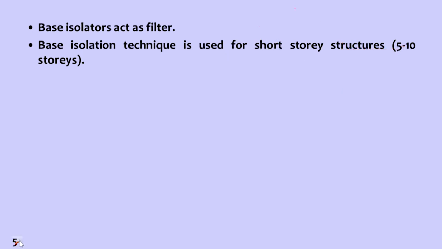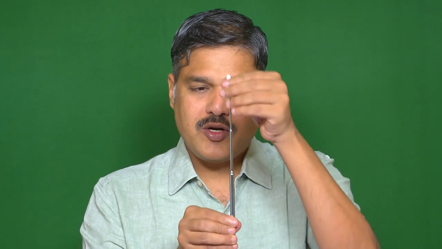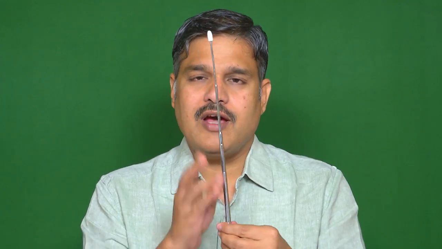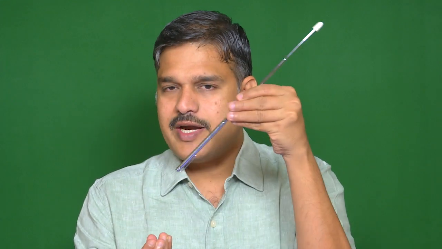So the base isolation technique is used for short buildings. The reason is, if I take a small building, it will mainly have shear behavior, but if I take a tall building, it will have bending, or flexure, behavior. Because of flexure behavior, the columns at the edges may get lifted up.